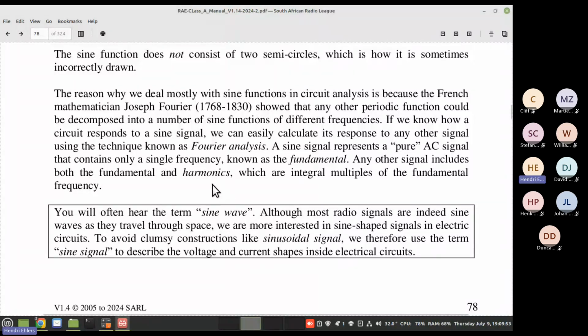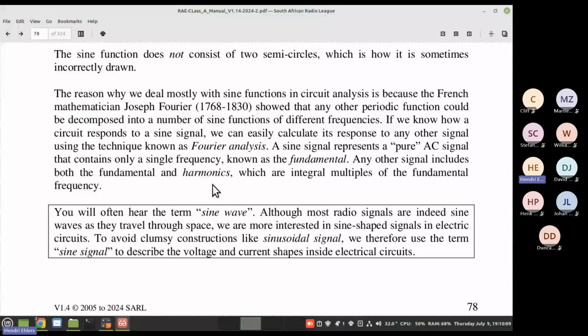You will often hear the term sine wave, although most radio signals are indeed sine waves as they travel through space. We are more interested in the sine shaped signals in electric circuits.